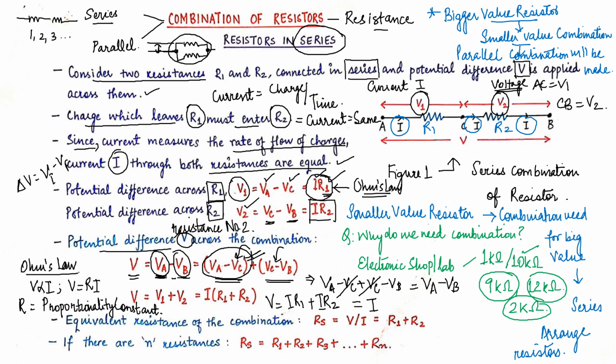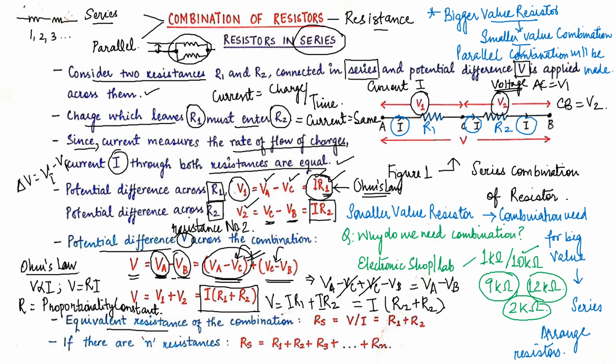So I will take I out of the bracket, and inside the bracket we will have the two resistances, that is R1 and R2. See over here, that is what we are getting. So this is what we will get as the potential across the combination.